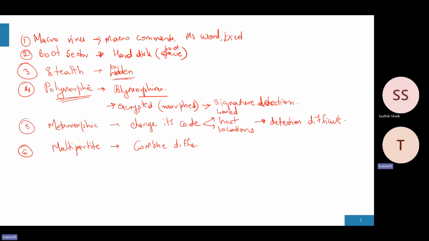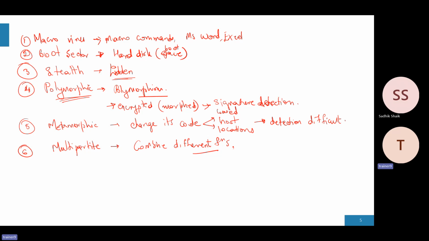Because of these different functions, it can attack different files and combinations. It is a combination of two or more viruses together, which makes it more complex, because you can start using multiple of these combinations together.